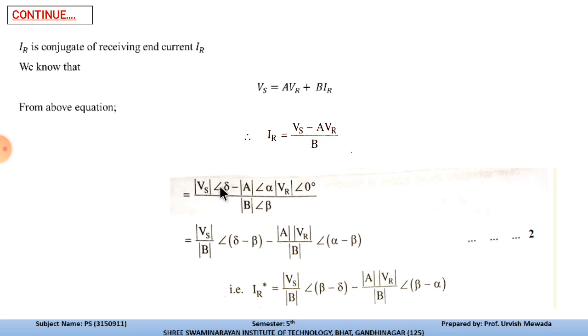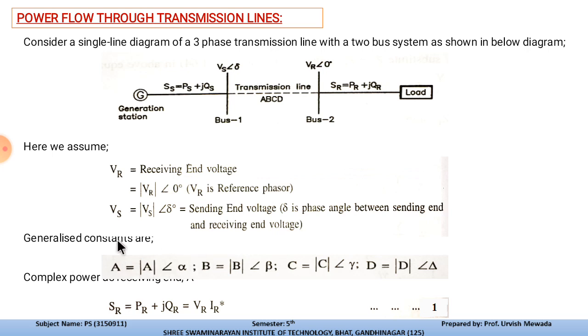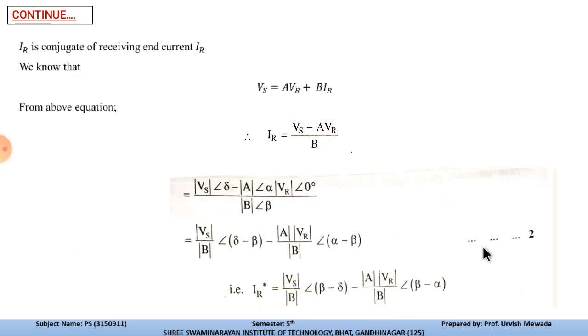Vs at angle delta minus A at angle alpha, that we already mentioned. Please take this into account when you put in the values of all the parameters. So Vs is at angle delta, A is at angle alpha, VR is at angle 0 because it is taken as a reference, and B is at angle beta.